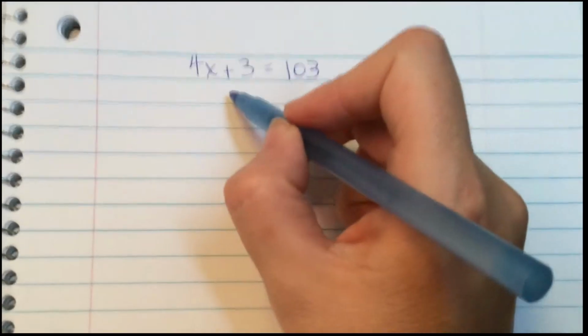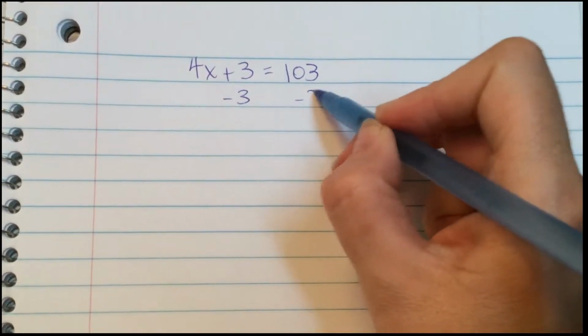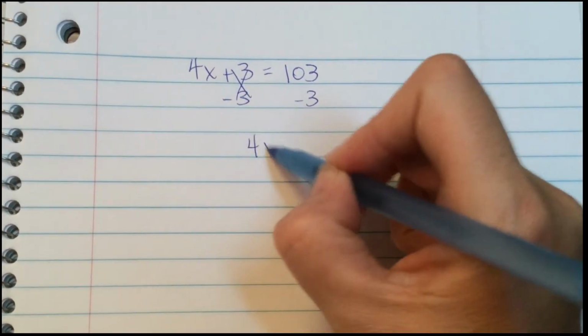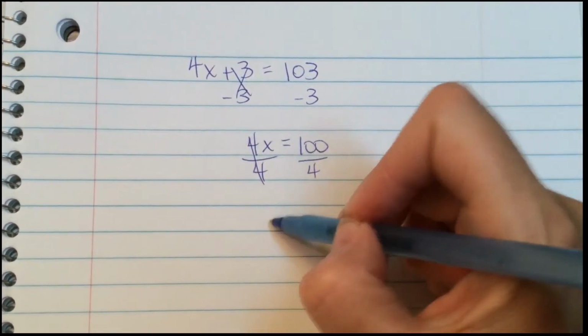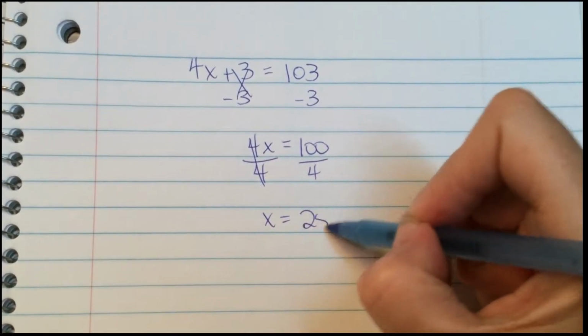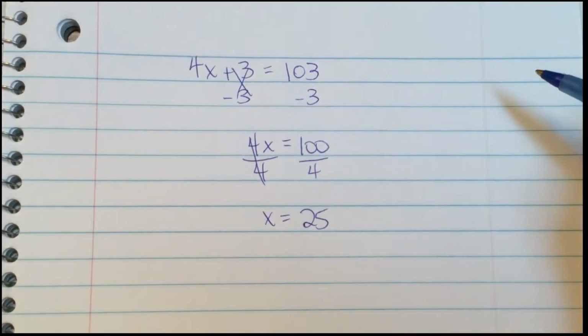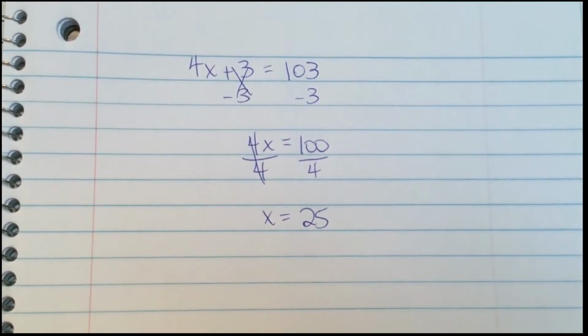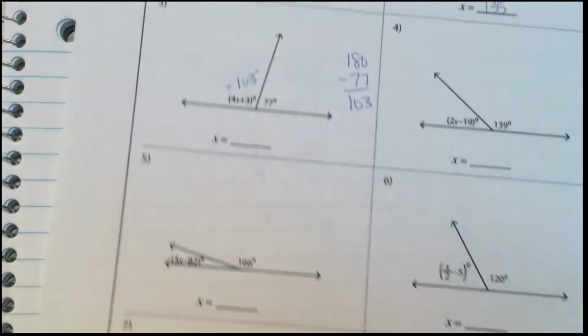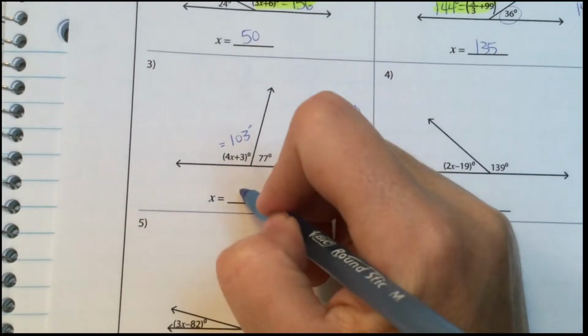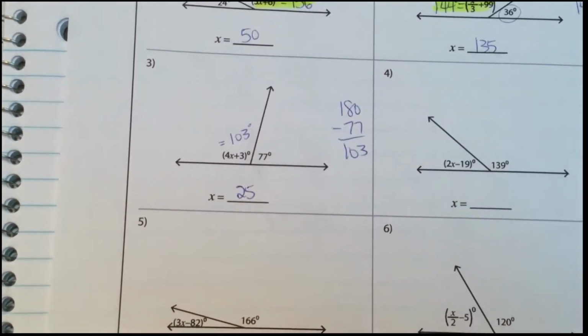Then we're going to subtract 3, divide by 4, and x is 25. So if you got 25, then good job. If you didn't, then watch the video again and see where you messed up.